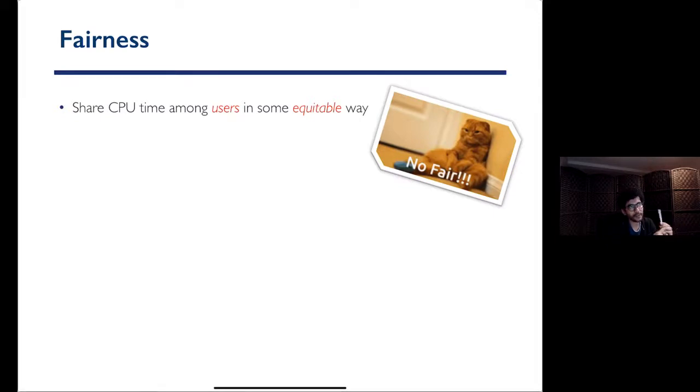Now, when you talk about fairness, you have to be careful. Do you want fairness over users? Across tasks? Across threads? Across processes? And that differs, because if you want to be fair across users, you have to consider the fact that some users might have more processes than others.